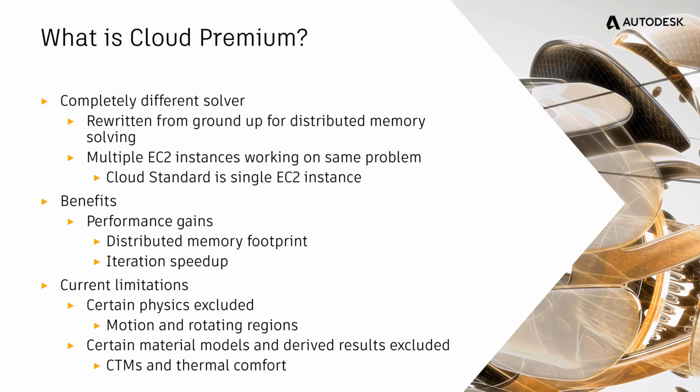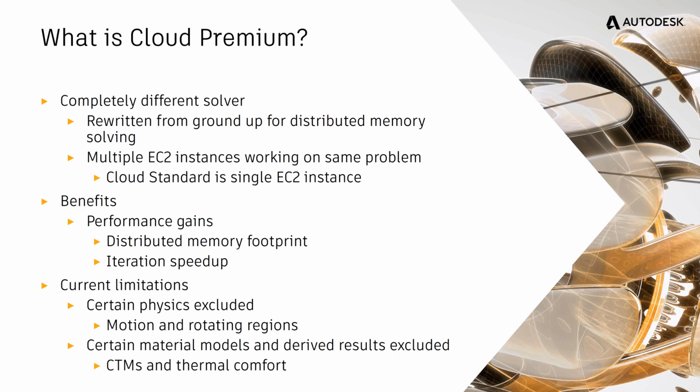But the major bullet points on what you can't solve in Cloud Premium are motion and rotating regions, and then certain material models and derived results are excluded from being able to be solved. So as we released this last week, compact thermal models and thermal comfort aren't included.